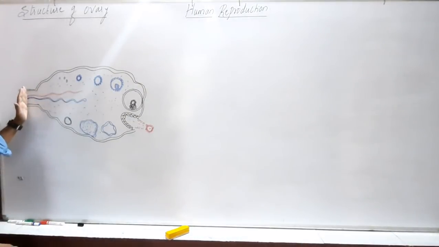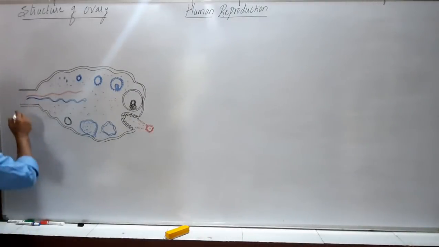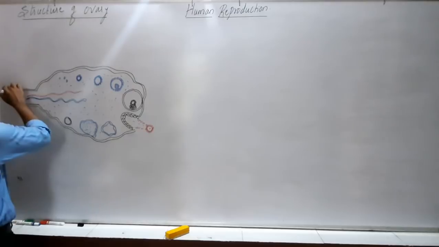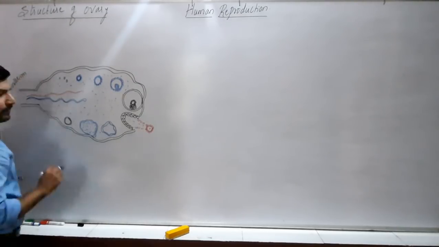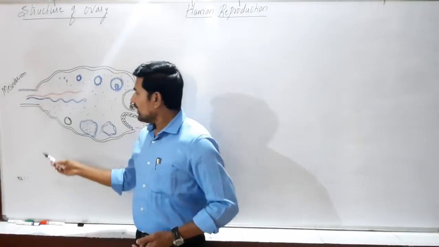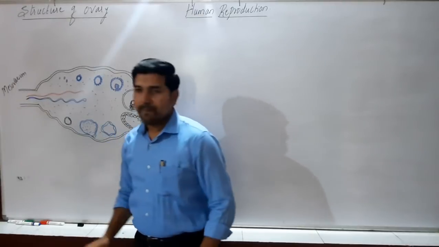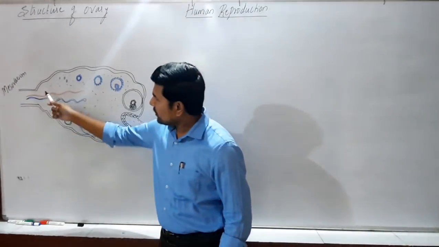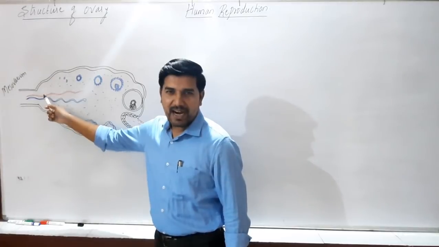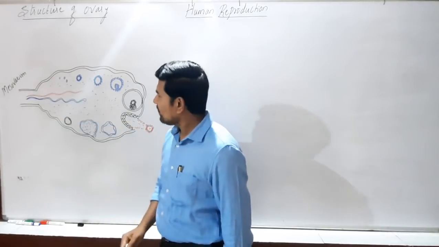This part where the ovary is attached is called the mesovarium. The part of the ovary attached on the outer part of the uterus is the mesovarium, and that mesovarium consists of blood vessels, arteries and veins.